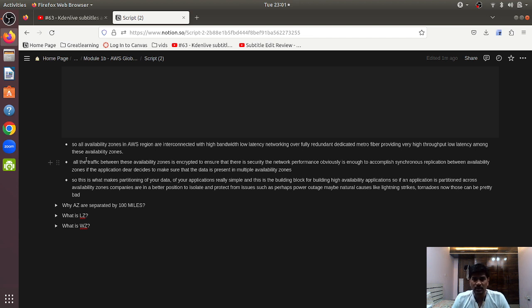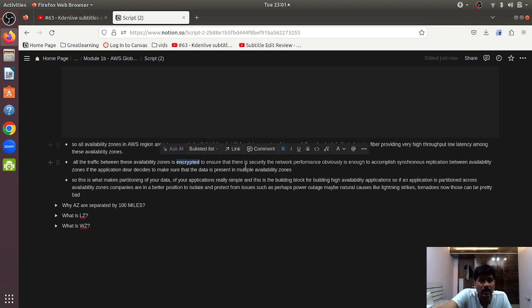All the traffic between these availability zones is encrypted, so this is also very important. All the time it is encrypted to ensure security.